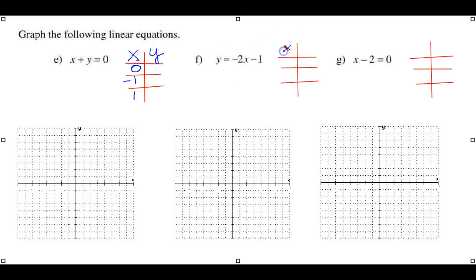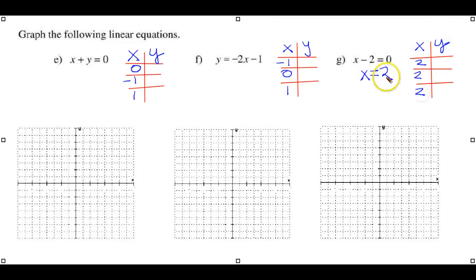Let's put x and y. A -1, a 0, and a 1. Now here are values of x. We have to solve for x. We're going to get x equals 2. So our value for x will always be 2.